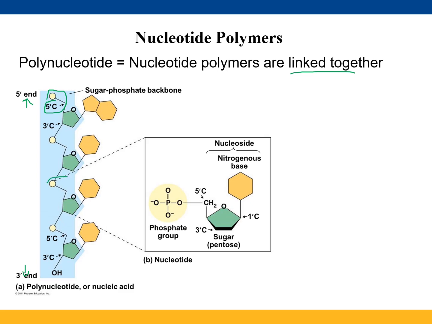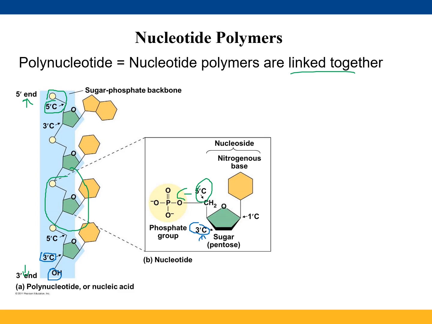Let's go to the zoom of the nucleotide that we see here. Again, this 5' is going to be attached to the phosphate. On the other hand, and I will change color, the 3' is going to be attached to the OH. Here, when we zoom, you also have the 3' here.